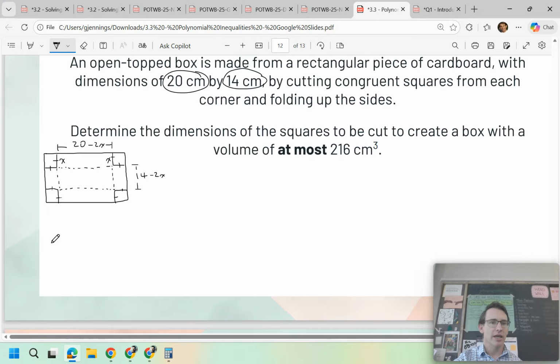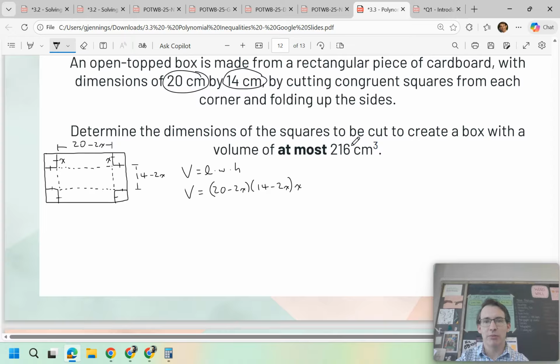And then the depth of the box will be x. So we can create an expression for the volume, which is equal to the length times the width times the height. The volume is therefore equal to 20 minus 2x multiplied by 14 minus 2x multiplied by x itself.